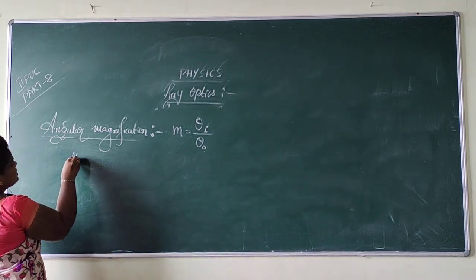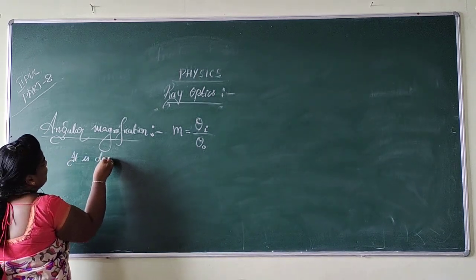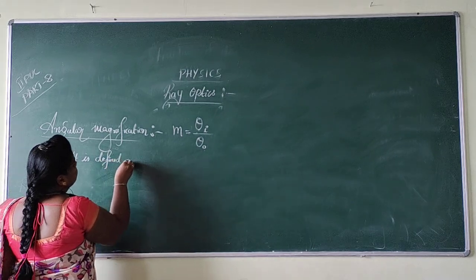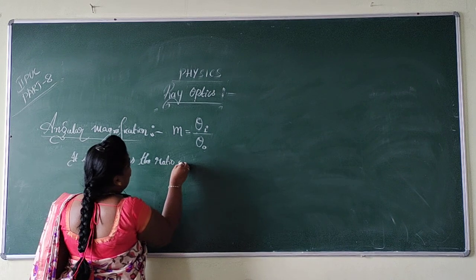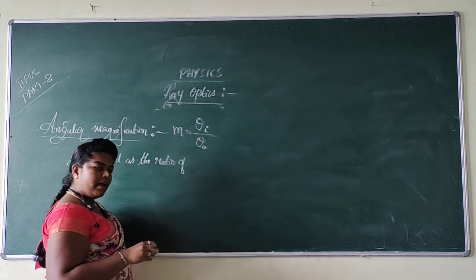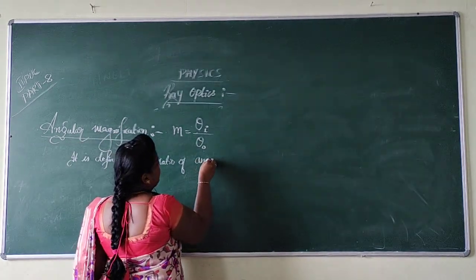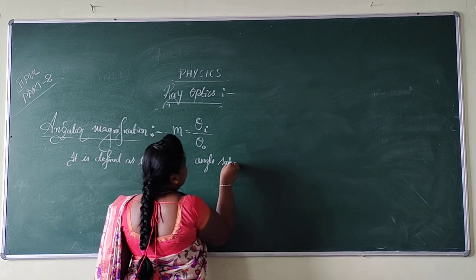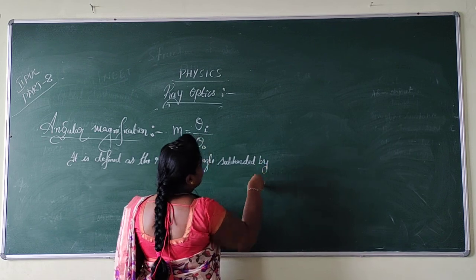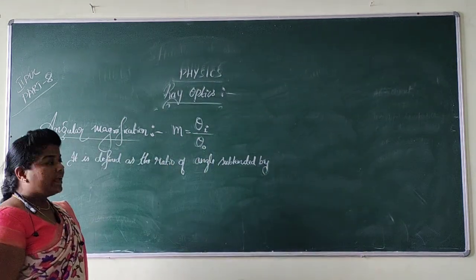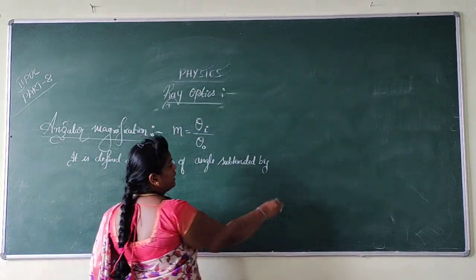So it is defined as the ratio of, what is theta? Theta is an angle. So theta is the angle subtended by the image at the eye.